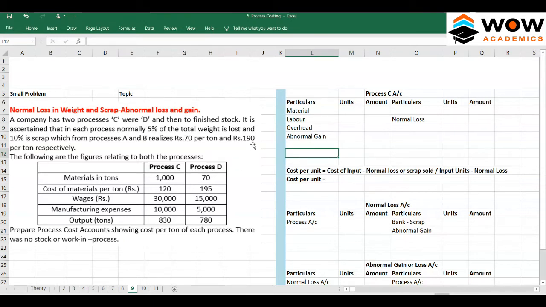This sum requires two accounts, process C and D. First, we'll start with process C.